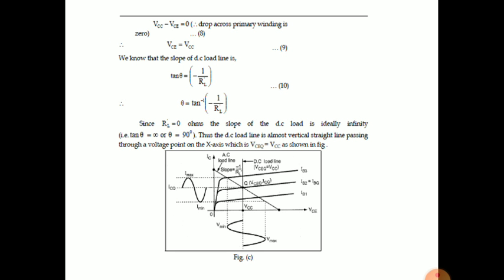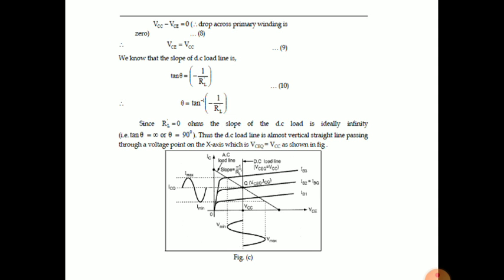Because for the AC operation we have VCE is equal to VCC minus RL dash into IC, which is of the form y is equal to mx plus c.